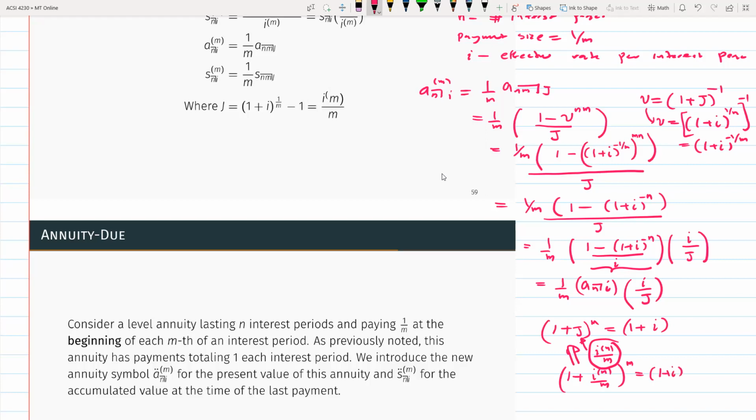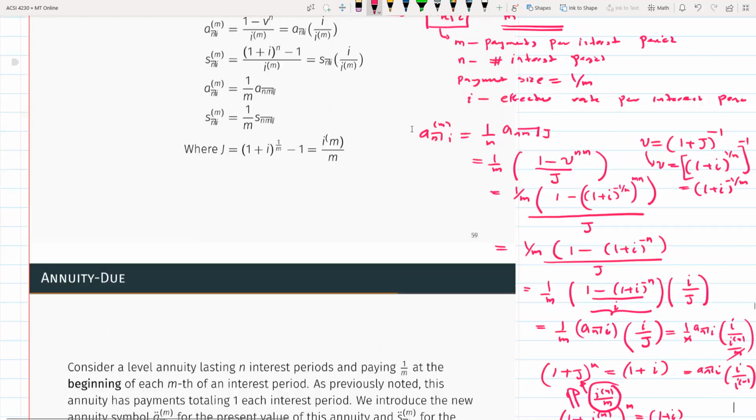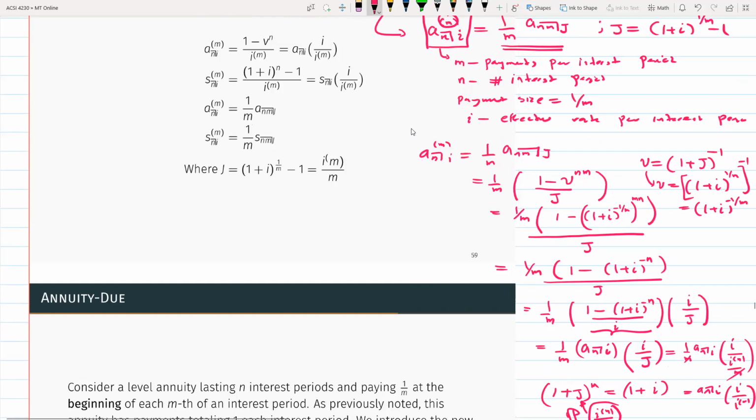So I can replace j by i^(m) over m. Here I can write 1 over m, i, and then this one by i^(m) over m. That would cancel out the m to m, and you would get a_{n|i} times i over i^(m). So that's the first result in here.